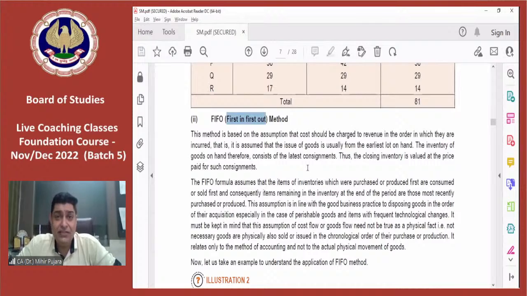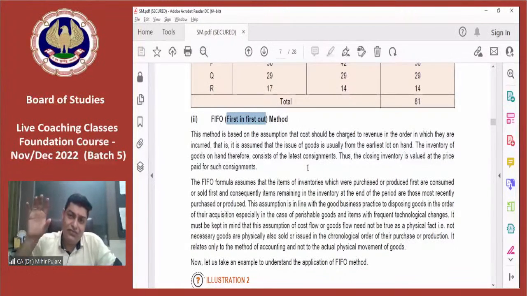Then the FIFO method says, okay dear, first in first out. So first you issue 100 chairs of 10 rupees each, and the remaining 150, because you want to issue 250 chairs, will be issued at 11 rupees.